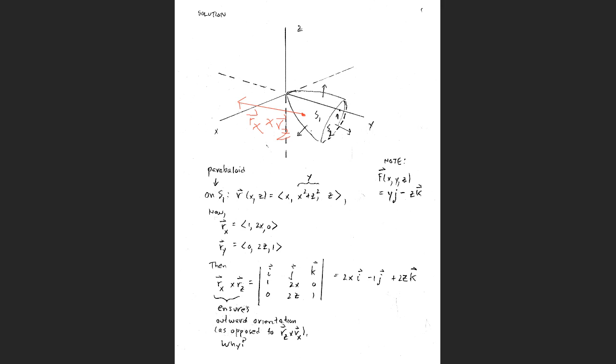The point is, by virtue of the fact that the j component is negative, the vector has to point out of the paraboloid. Is that okay? Are we good with that? Are there any questions on that?